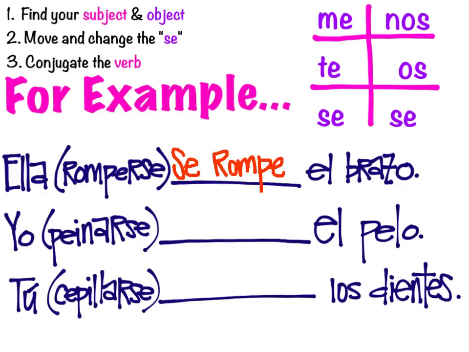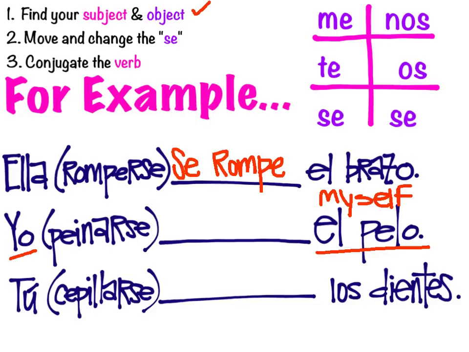All right, in the second example, we're going to first find our subject and objects. And we see that yo is my subject and el pelo is my object. Remember, here el pelo is going to mean my hair or myself. So we'll put that up there just as a reminder. So we've completed step 1.